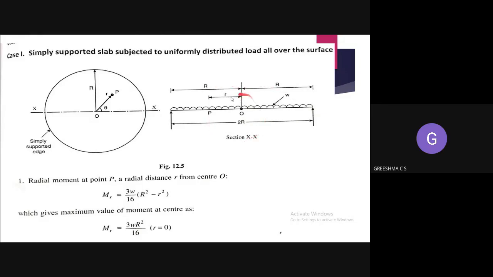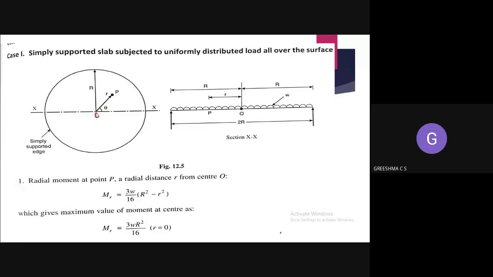So the bending will be like this, right? Since the bending is like this, you can expect the maximum moment at the center. So we can write that Mr will give the maximum value at the center. At the center, r is equal to 0. This is the origin, the start point.